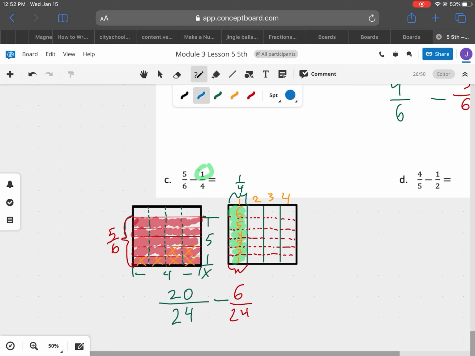And that leaves me with 1, 2, 3, 4, 5, 6, 7, 8, 9, 10, 11, 12. Oh, I could have done 3 times 4 for that. 13, 14. So that's going to leave me with 14 24ths.